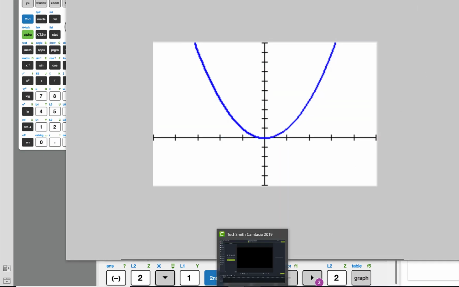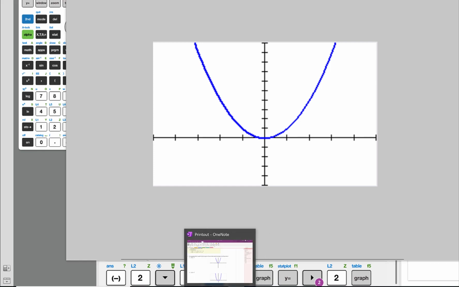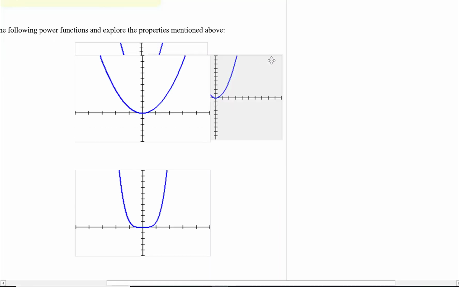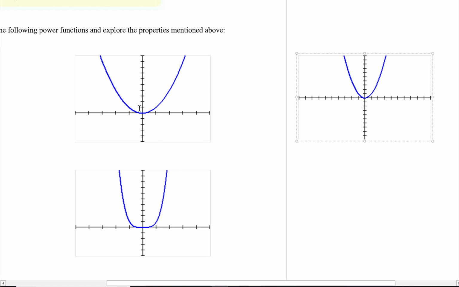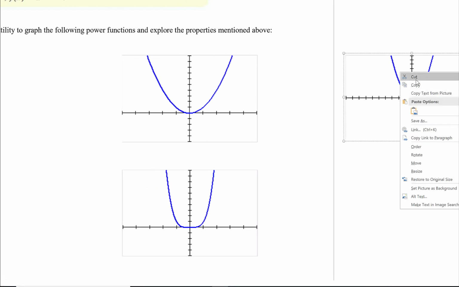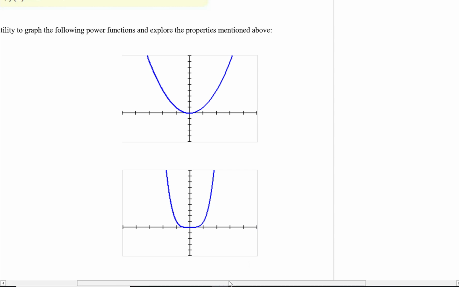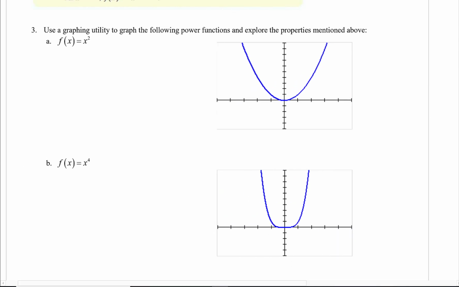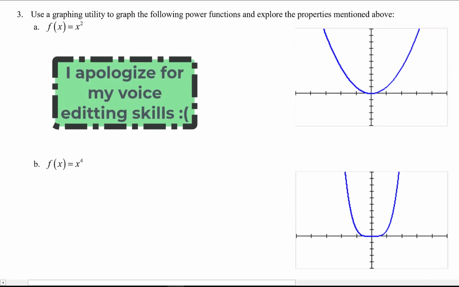Got the same window measurements. I'm going to erase that old graph. And there we go. X goes to -infinity, f of x goes to infinity.